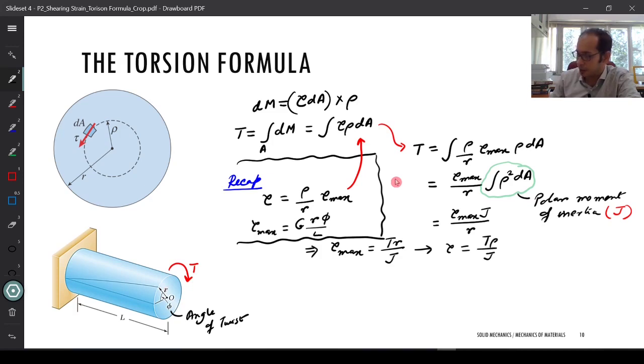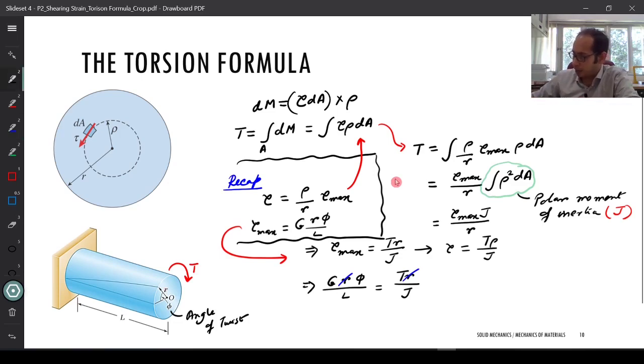Now if you come back and substitute this expression over here, what you will get is G R phi divided by L equals T R by J. So in this expression, your R and R cancel out and you end up with a very beautiful relationship which is known as the torsion formula.